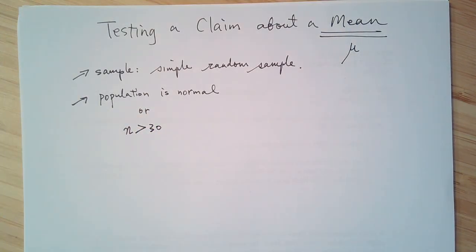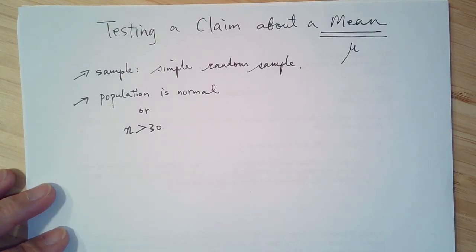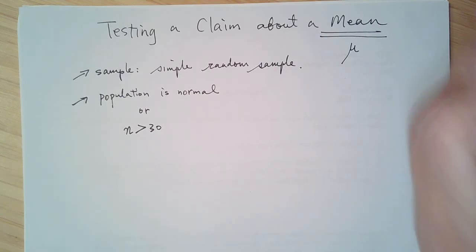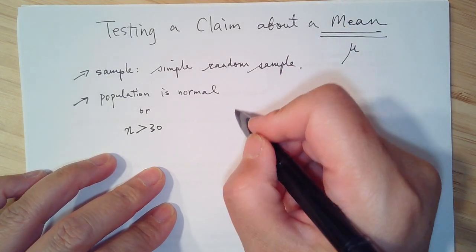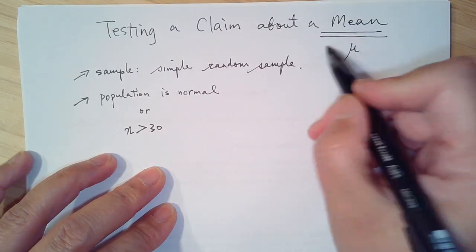So that's the case that we can test about a population mean. However, most of the time we don't know sigma, right? So anyway, that's what I'm going to do this session when we test about the population mean.